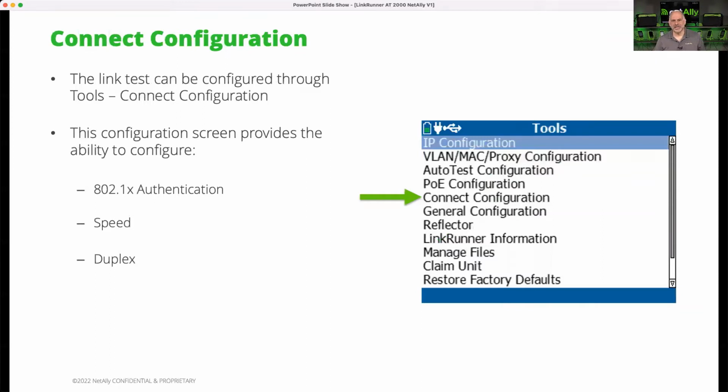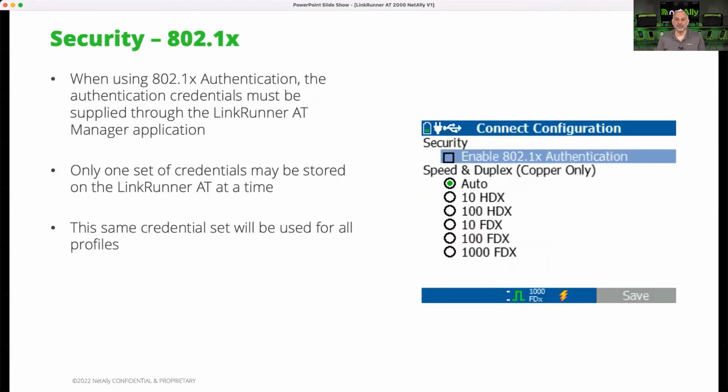Next, we can come in here and we can force those in our connect configuration. So if we wanted to change our speed and duplex, we could go into our tools, we could go to connect configuration, and here is where I can go in and I can turn on my security, my 802.1x authentication.